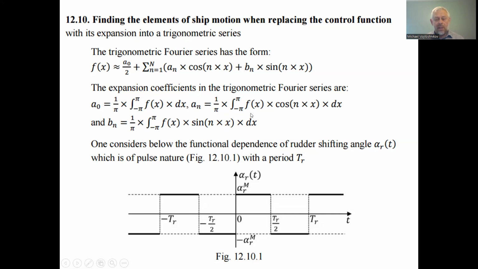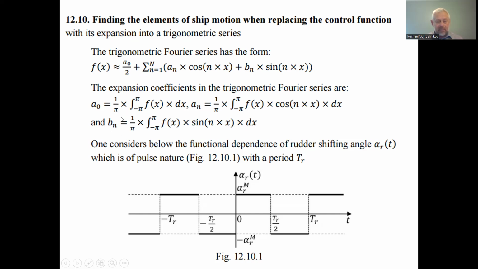The limits of the integration, the function which we search the expansion by the trigonometric Fourier series multiplied by cosine of nx and dx, and the bn, the factor with the sine function within the term of the Fourier series under the sigma sign. bn is equal to 1 divided by pi multiplied by the integral from minus pi to pi of the function f of x multiplied by sine nx, and by dx.